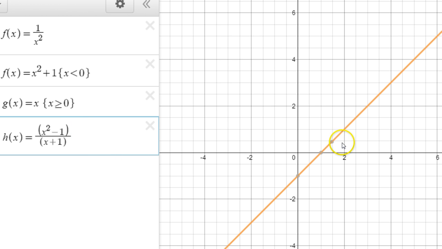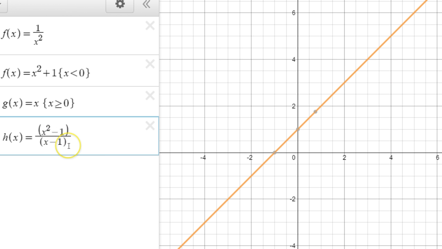This one right here is pretty simple, moving on, we're pretty good. Now let's change this to minus.